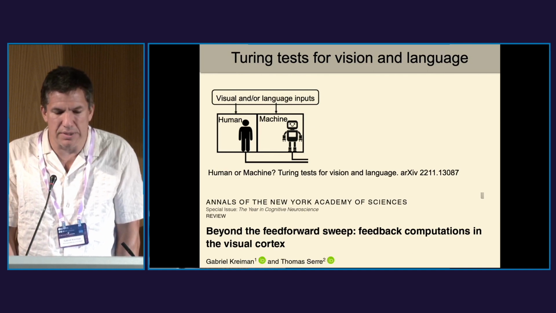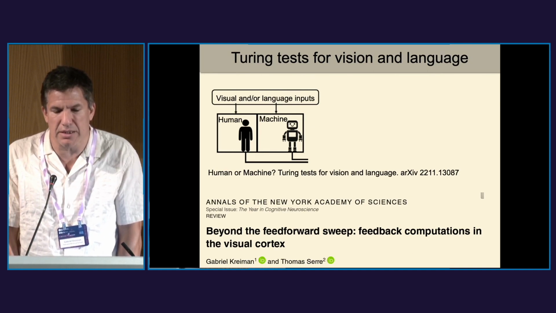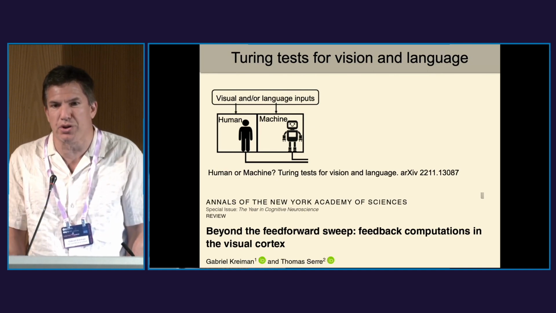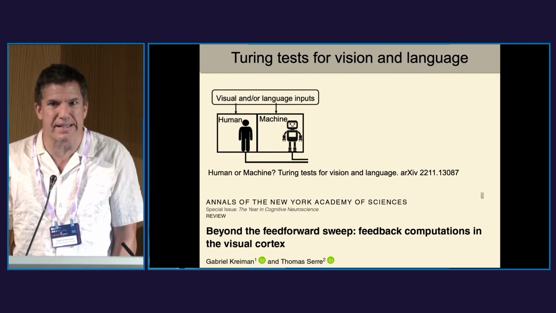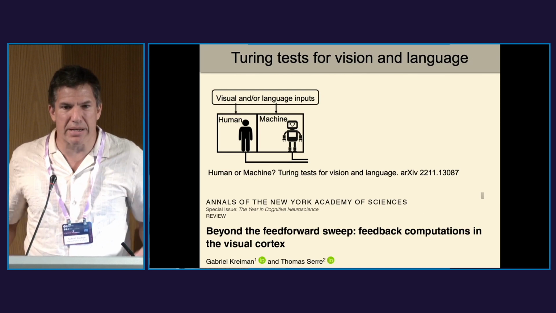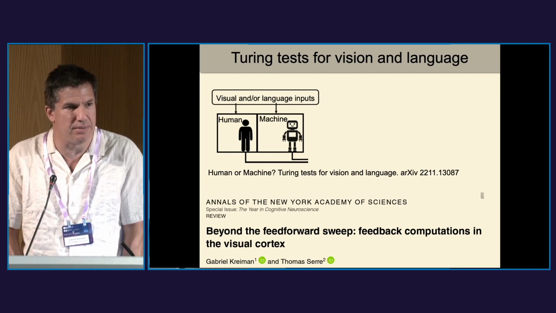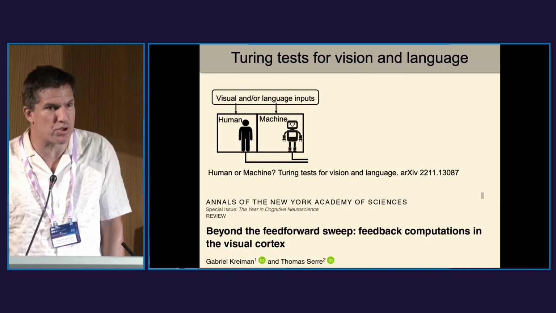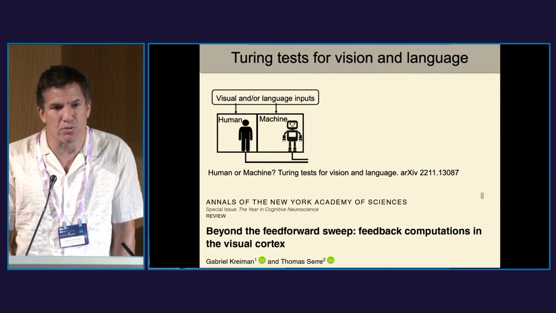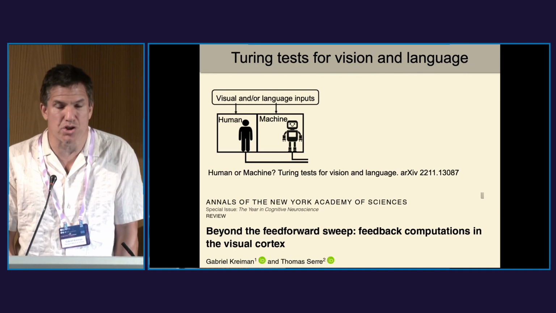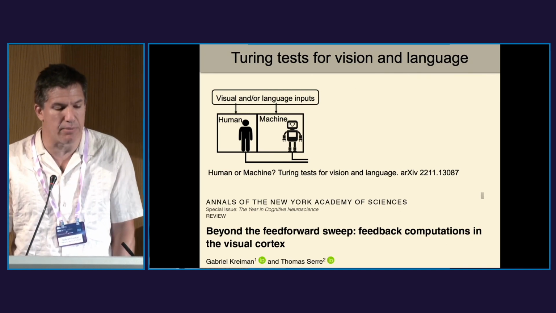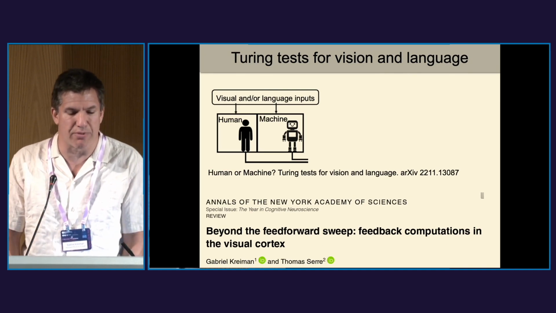We also recently conducted a Turing test survey of vision and language models, where we try to compare the behavior of different large-scale models, both in visual and language tasks, in terms of their output, and ask to what extent human judges, but also AI judges, are able to distinguish between answers coming from humans and machines.